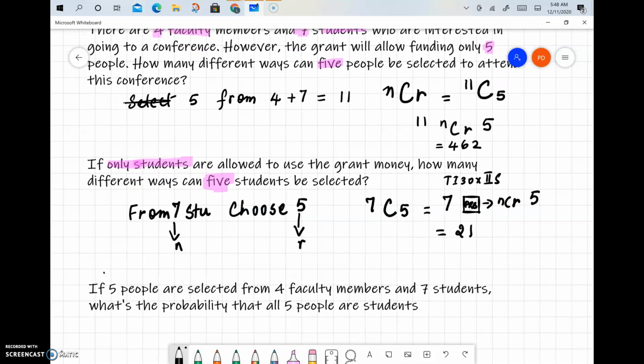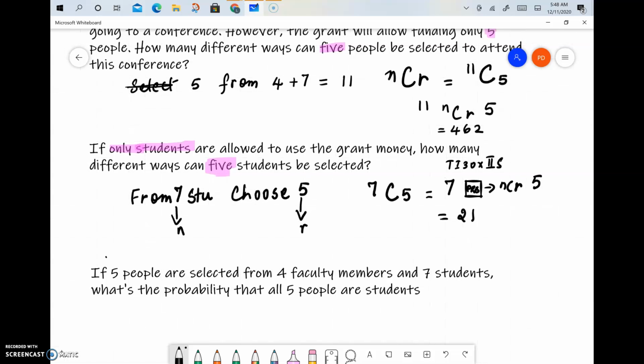Now the next part of the question is about probability. So let's read this question. If 5 people are selected from 4 faculty members and 7 students, what is the probability that all 5 are students?